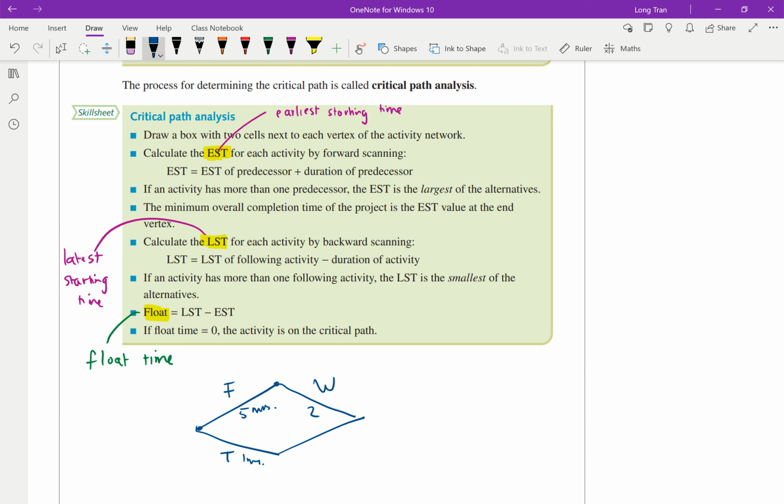What you can see here is that, well, technically I can draw a straight line actually. I'll draw a straight line for T. So what you see here is there are two activities here. One person's doing the flour, then they wash their hands and they're done. The other person just needs to turn on the oven. Takes them 1 minute. Now, let's see, how long does it take for this entire activity to be done?